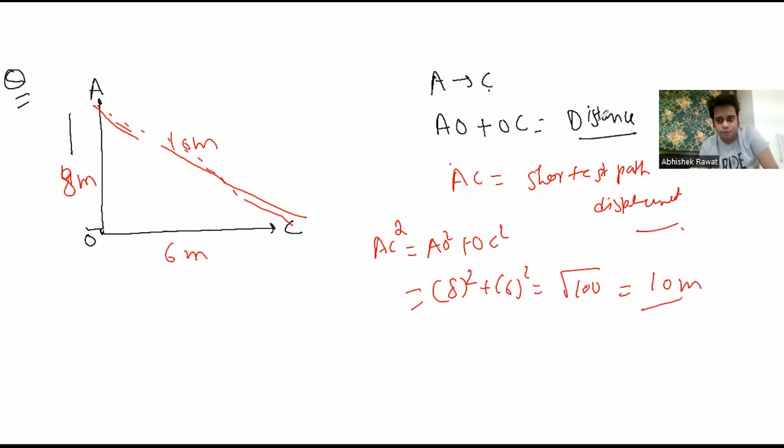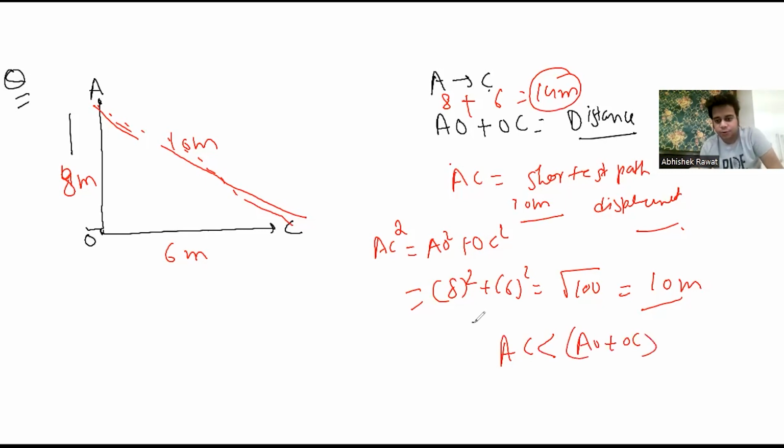If I want to calculate distance, I add 8 plus 6, which is 14 meter. And AC is the shortest distance, which is 10 meters. So you can easily verify that AC is less than AO plus OC.